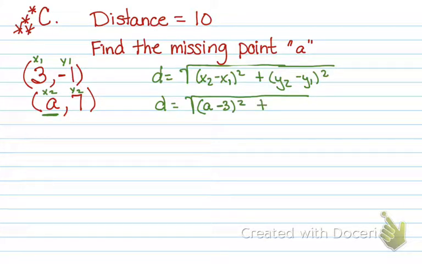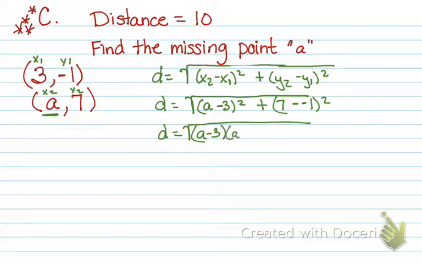The second y is 7 minus a negative 1 squared. Let's simplify further. a minus 3 squared just means a minus 3 times a minus 3. Now 7 plus 1 is 8, which gives us 8 squared.